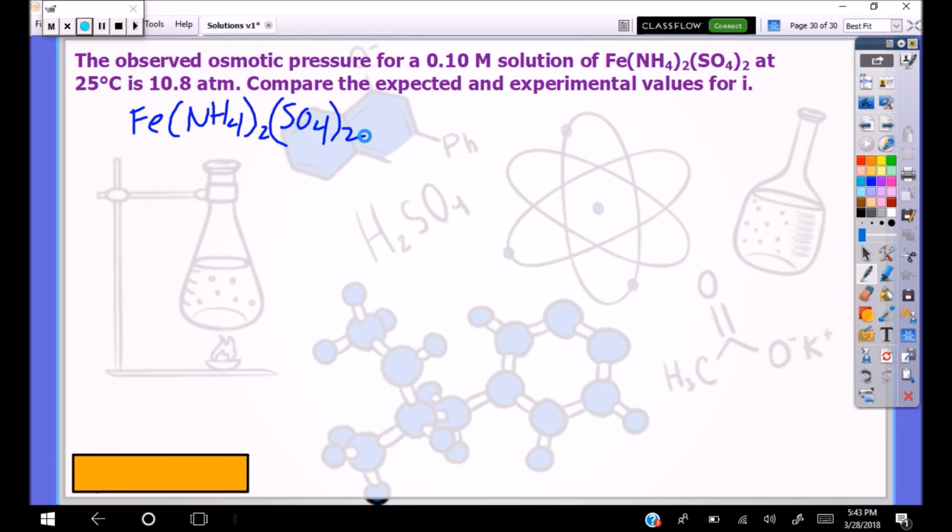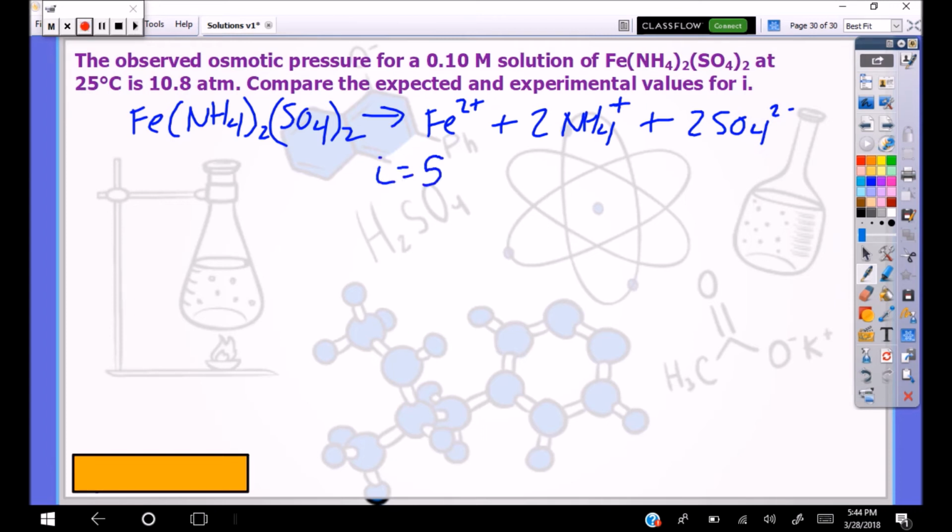If we're looking at that formula, I count 5. We know we're going to get some Fe ion. I imagine it's an Fe2+, 2 NH4+, and 2 sulfate 2-. Yeah, those charges add up. That makes sense, for a total of 5 particles.